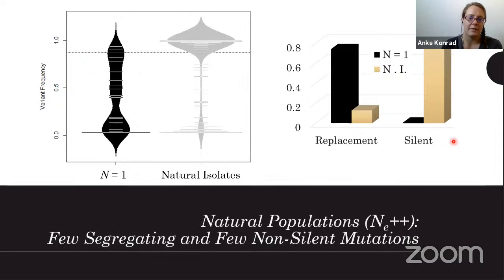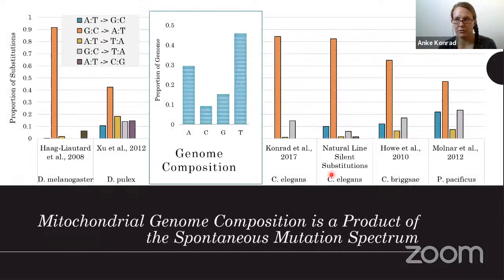So this implies that the very strong selection due to very large population sizes in nature largely weeds out the non-silent mutations and just retains silent ones. Again, this is due to strong selection.